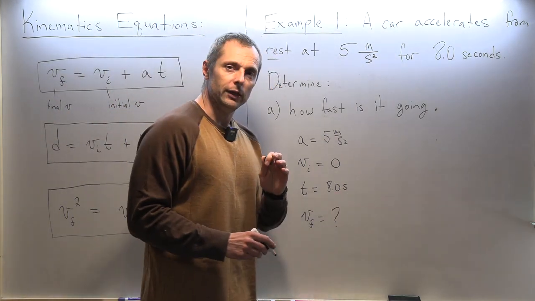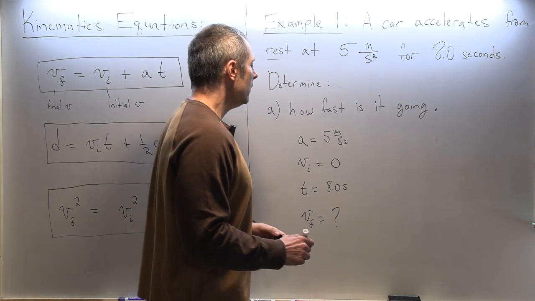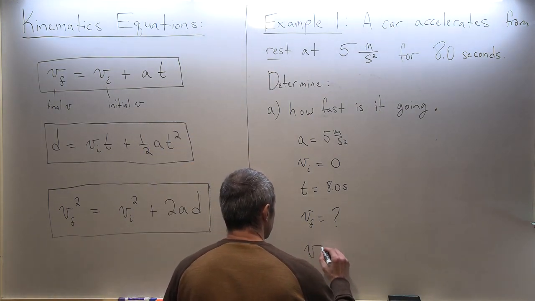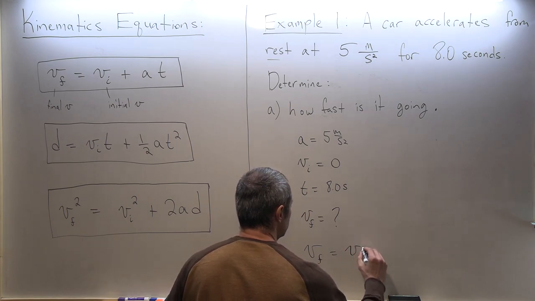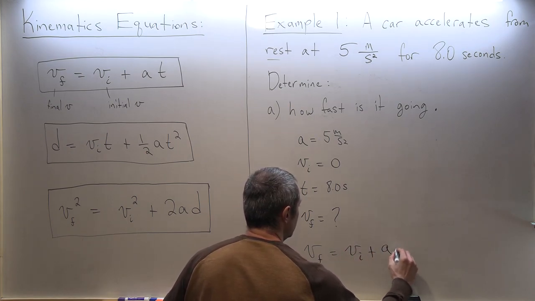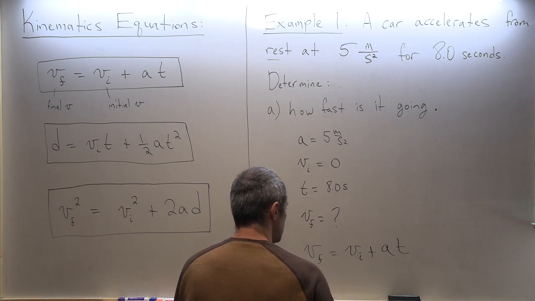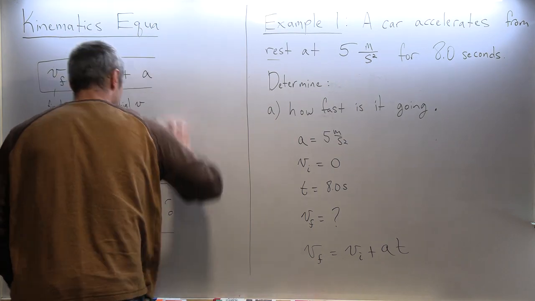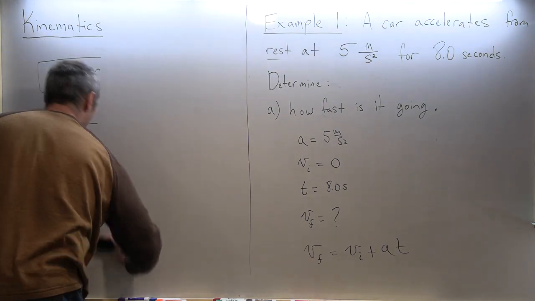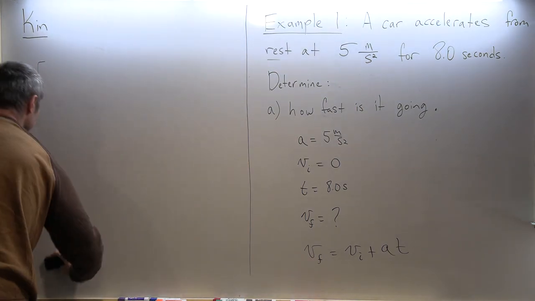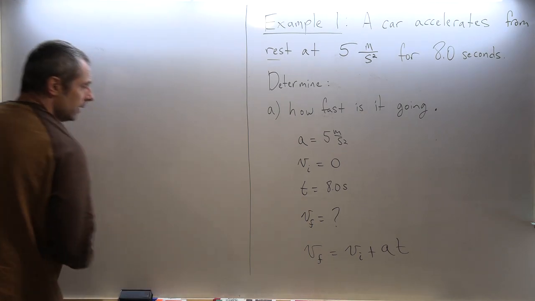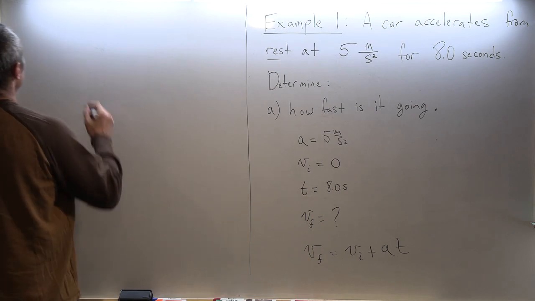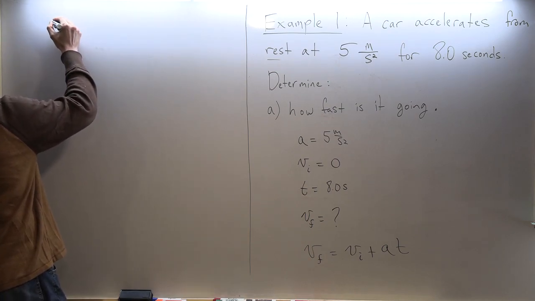So as I've mentioned throughout, what you have to do is write down the formula first. V final equals V initial plus AT. Okay? So, I need to make some room. And I plug in the variables in question. So V final is the unknown.